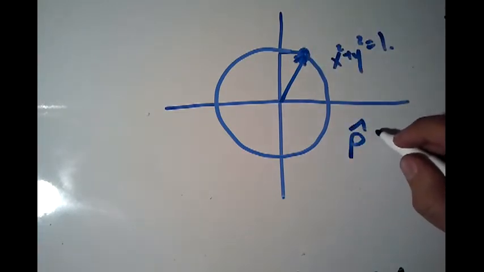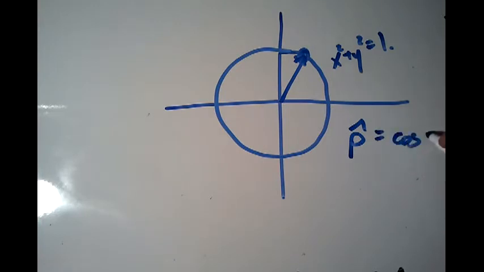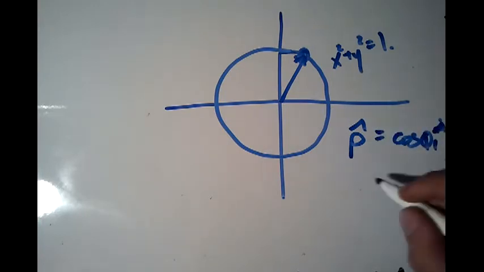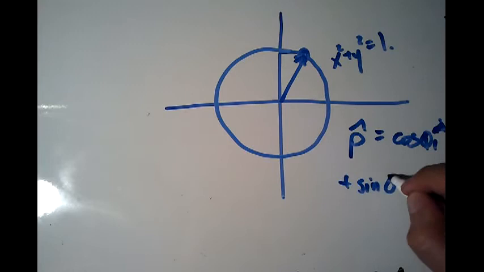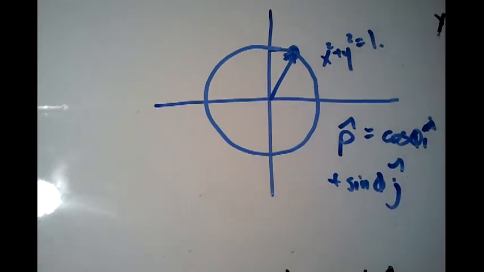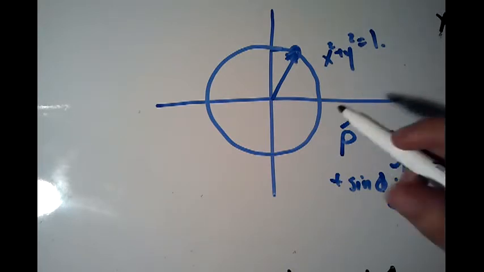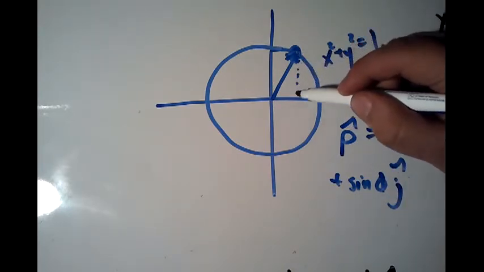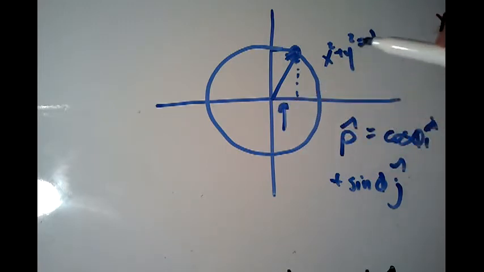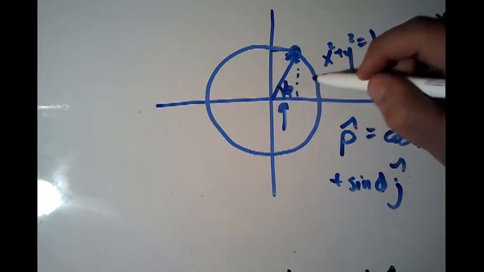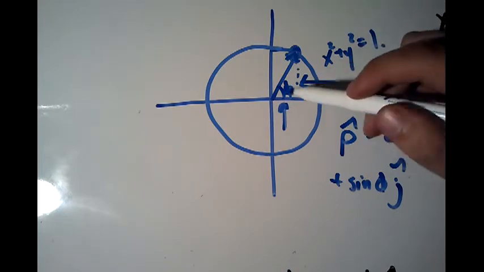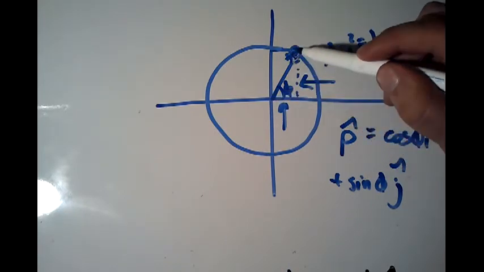And rho hat unit vector is given by cosine phi i hat plus sine phi j hat. Okay, so that's what that's given by. And this makes sense because if we have a unit circle, then this distance right here is simply cosine phi, if this is phi, and this distance right here is just sine phi. So if we add them together, we get this point.